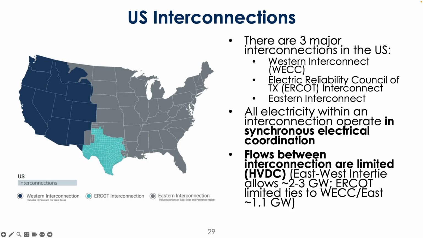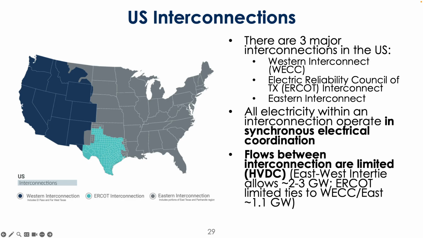Okay, so I talked about this. We have our three major interconnections, and everything within an interconnection is where your electricity is in sync. Flows between interconnections need a high voltage DC tie, which is how you can get things out of sync across these different interconnections. And the size of the ties are not that big.